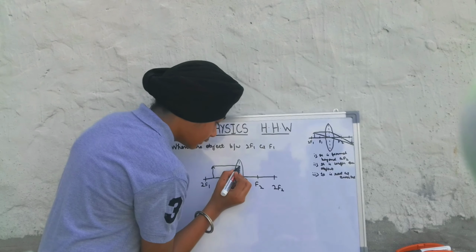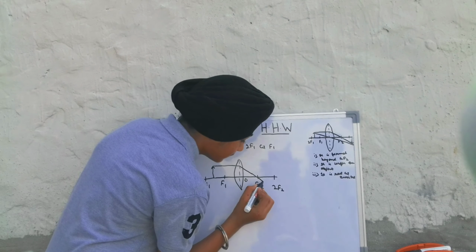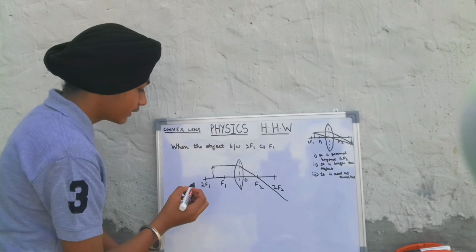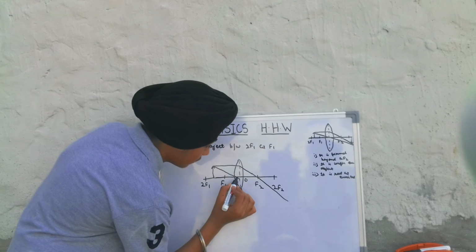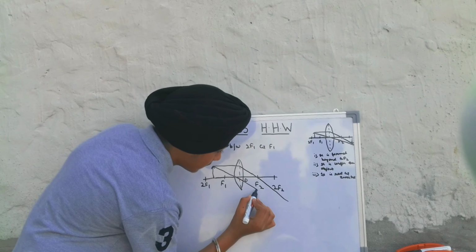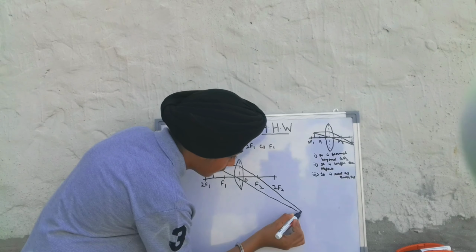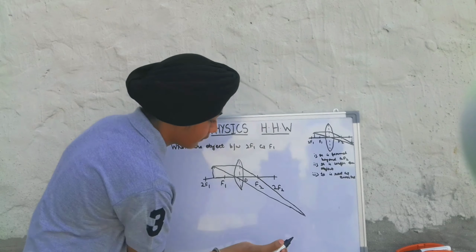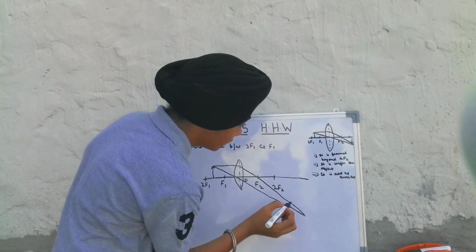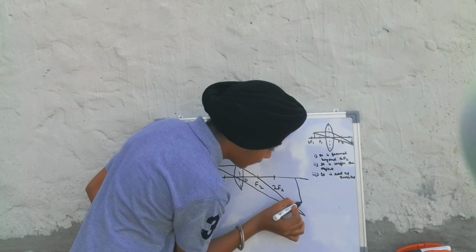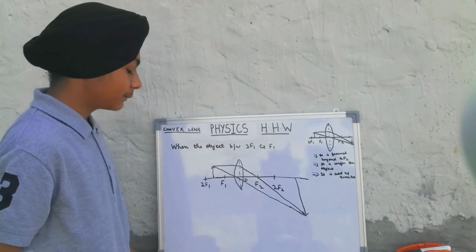So it passes through the 2F2, and secondary from here. So from here, and this is our image.